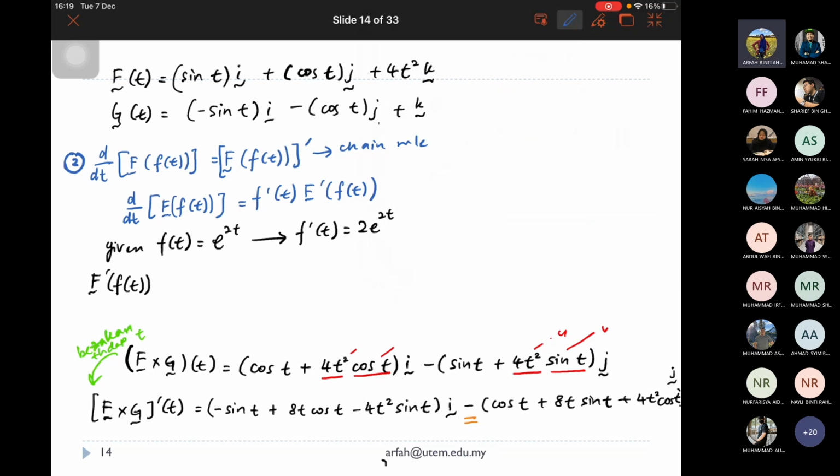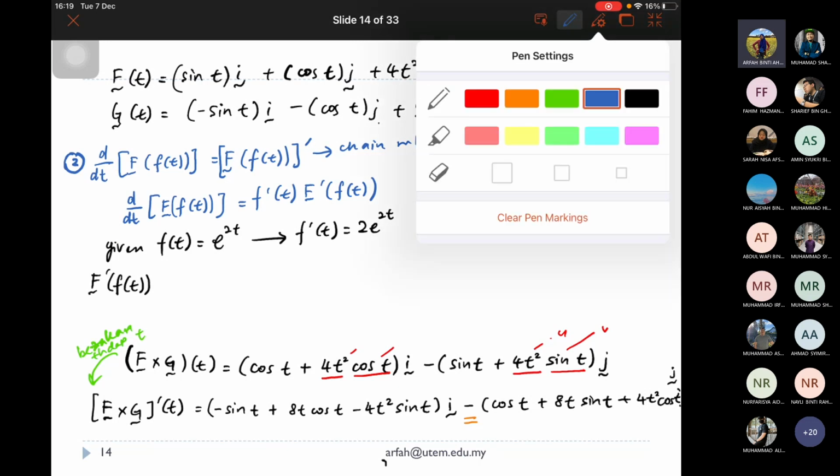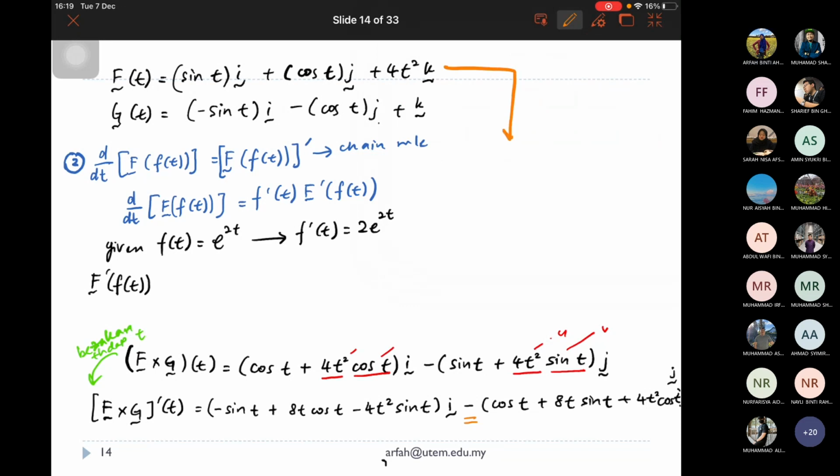Dari sini kita dapat F prime t. Bezakan sin dapat cos t i tolak dengan sin t j tambah dengan 8t k.